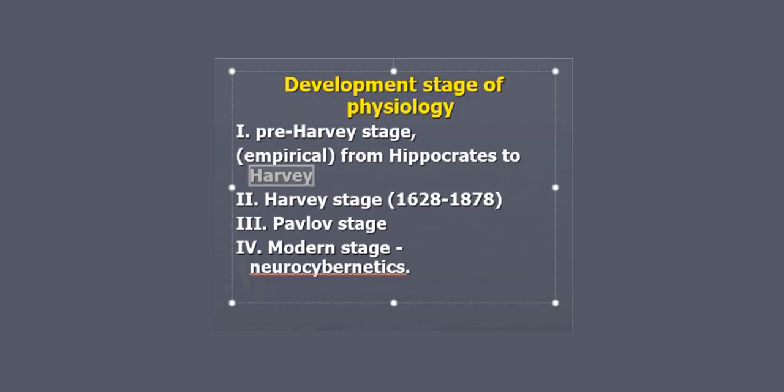Until he developed these chronic methods, the principal method used was acute vivisection, and the function of an organism had only been arrived at by a process of analysis. Then the modern stage, and here it said neurocybernetics, which is kind of artificial intelligence.